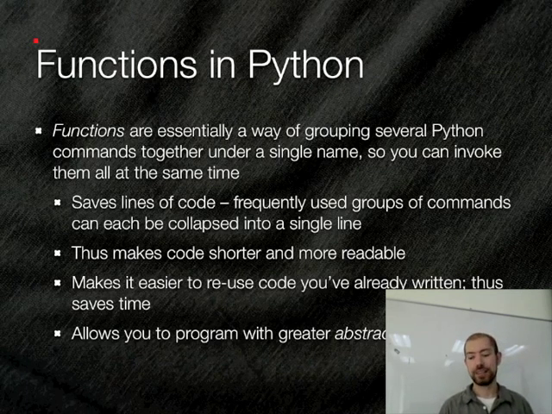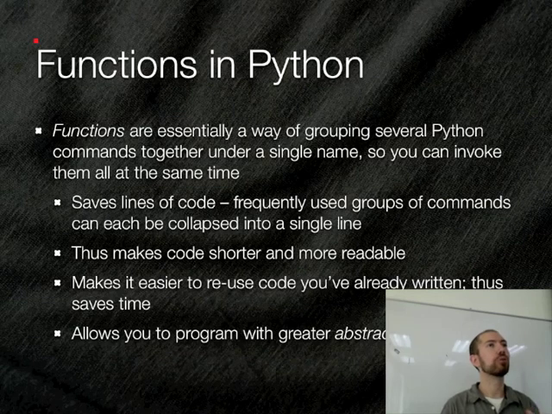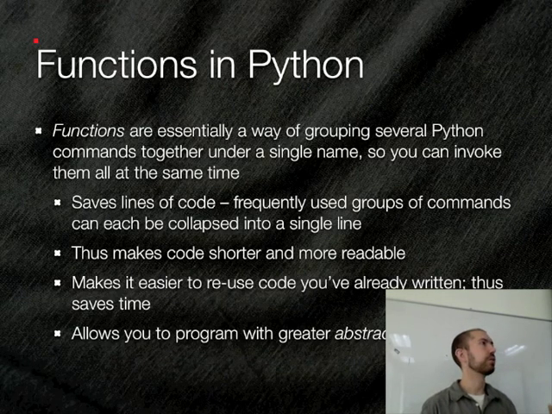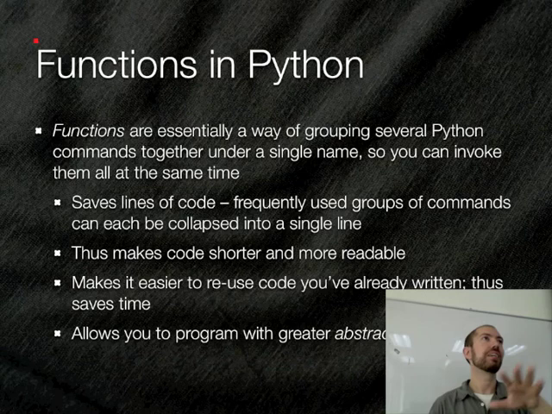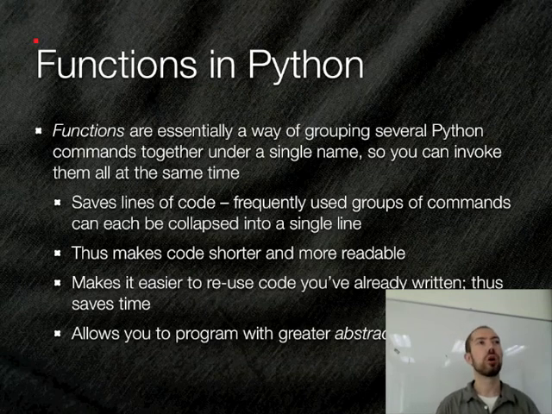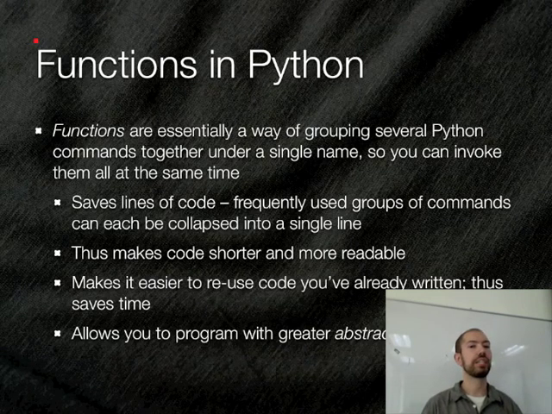So again, it's this whole idea of packaging things up and bundling together simple commands into commands that are more complex but more directly express what you want to do, right? So instead of giving Python or PsychoPy 10 separate commands to draw 5 things on the screen, if you're drawing those 5 things in every trial, you might say, all right, I'm just going to make one function to draw those 5 things on the screen, and then each time through my trial, I'm just going to call that once, right?